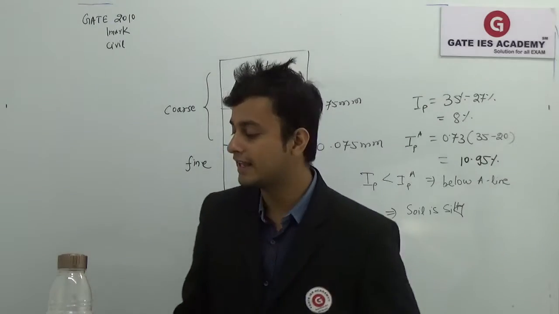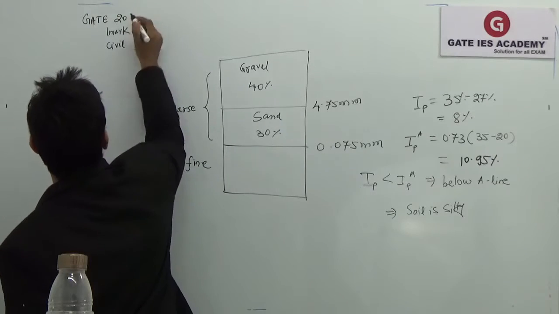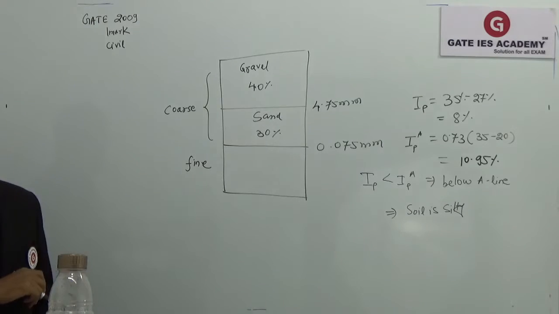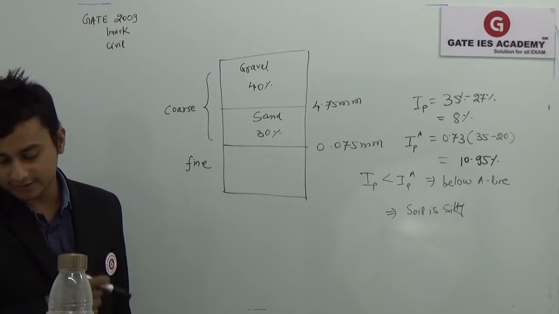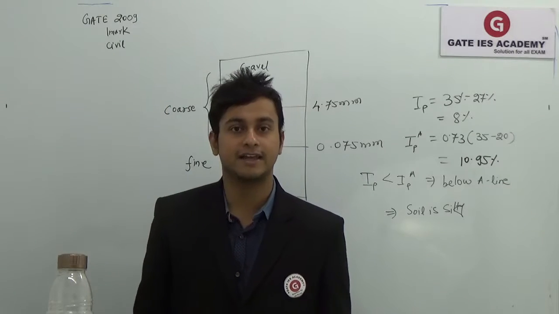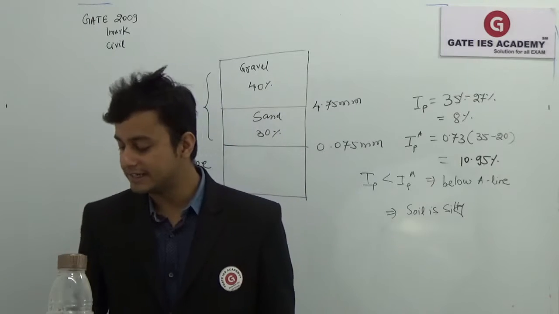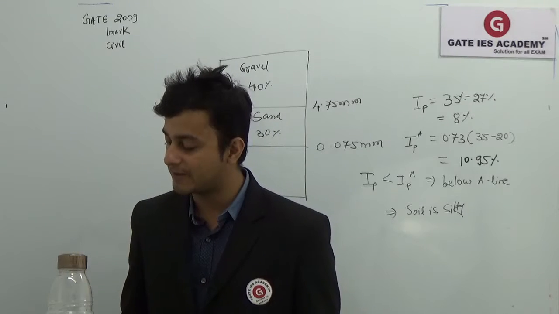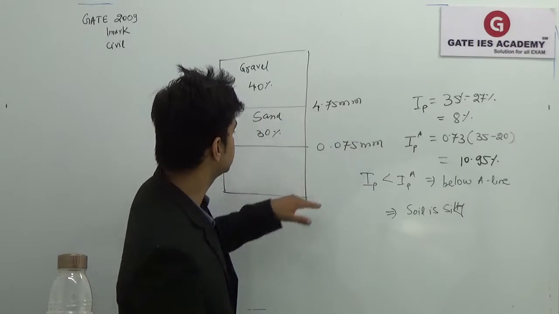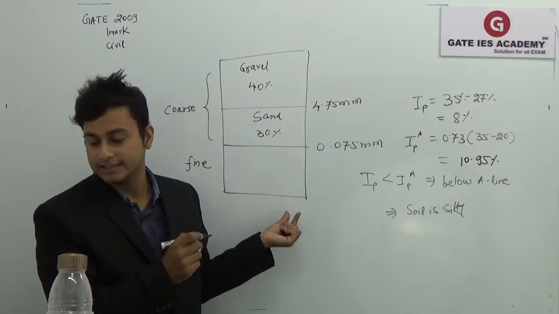Okay students, now let's take up a new problem that is from GATE 2009. The question says that the laboratory test results of a soil sample are given below. Percentage finer than 4.75 mm is 60%. So below 4.75 there is 60%.